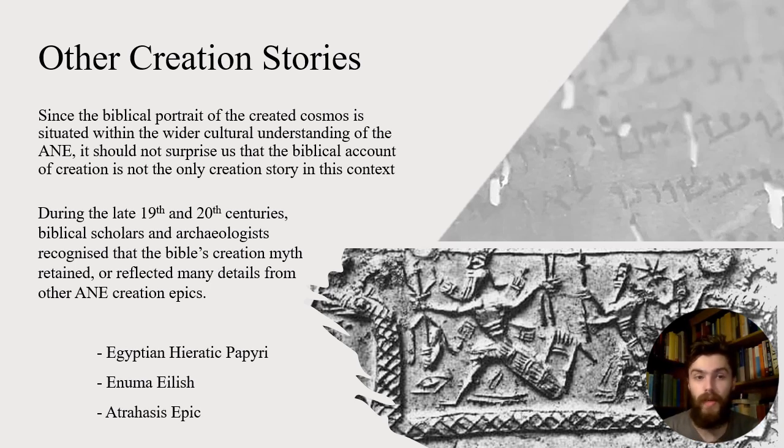So during the late 19th and 20th centuries, biblical scholars and archaeologists recognized that the Bible's creation myth retained or reflected many details from other ancient Near Eastern creation epics, such as the ones recorded in the Egyptian Heliopolitan papyri, or the Enuma Elish, for example, or the Atra-Hasis epic, the Babylonian flood narrative. And so what we'll do in this next section is look at a couple of these other stories and try to parallel them with the biblical understanding to better grasp what the cosmology and the creation stories in each text mean and the meaning of the biblical versions of that.